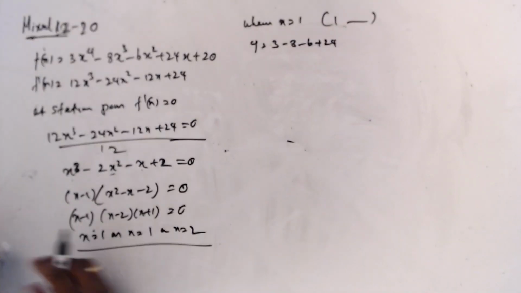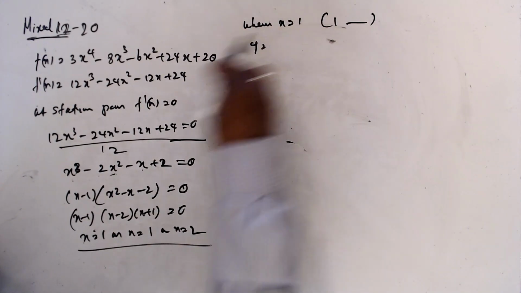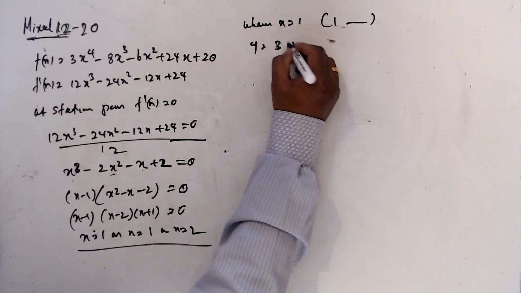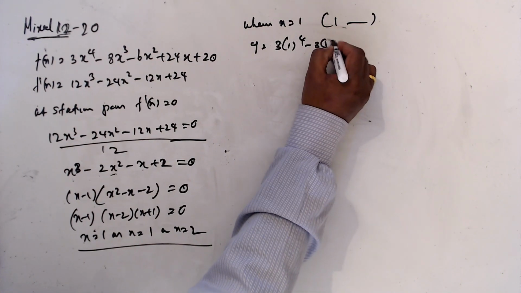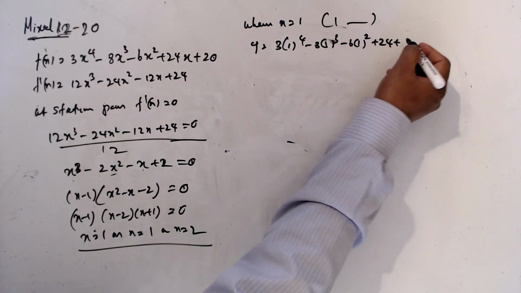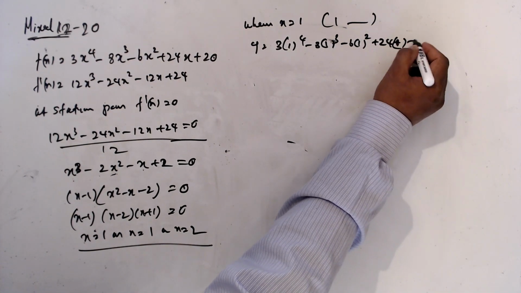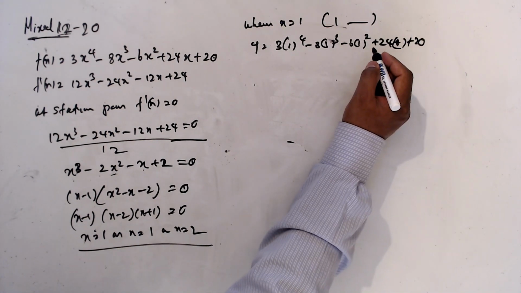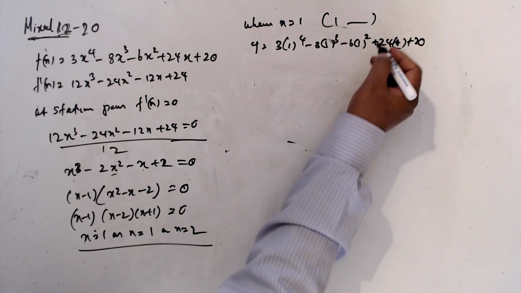Actually, you have to substitute and show to get the marks. 3 times 1 to the 4, minus 8 times 1 cube, minus 6 times 1 square plus 24 times 1 plus 20. So you will get 33.